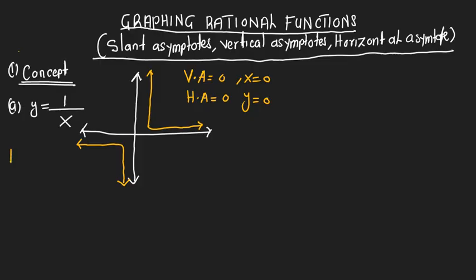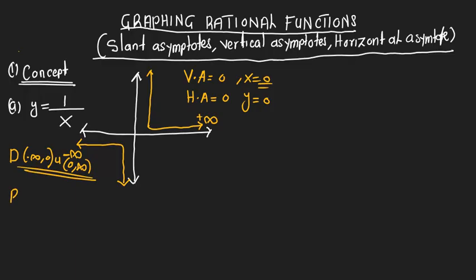The domain implies all values in the x. So in the x-axis, you have this guy here, and this is negative infinity. Then positive axis, you have this guy here, which is positive infinity. Then you have this guy here, which is your vertical asymptote. So when you're finding the domain, you're coming from negative infinity to 0, the union of 0 to positive infinity. That's one thing that you must know.